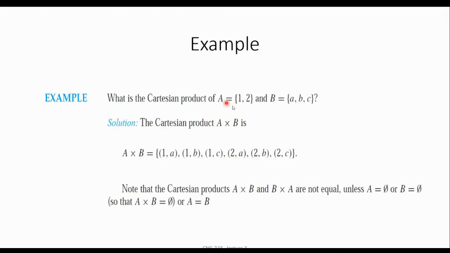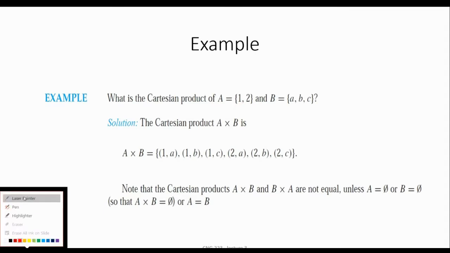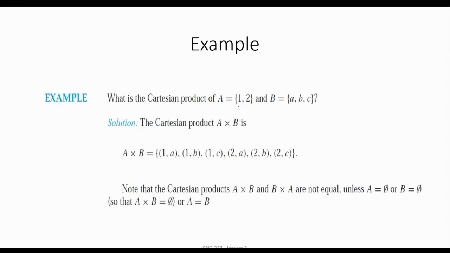So what's the Cartesian product of these two sets? In order to come up with the set which contains all the combinations of them, you can fix the first element of this set, for example 1, and consider 1 with all of the members in the other set.